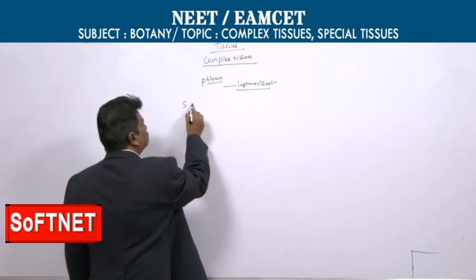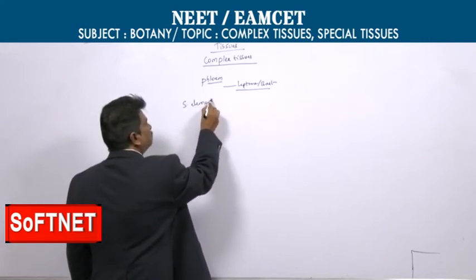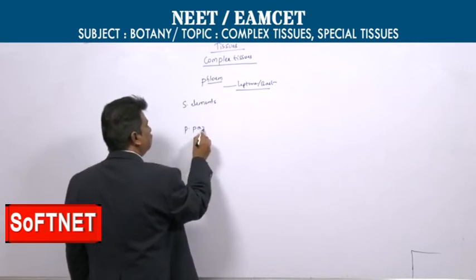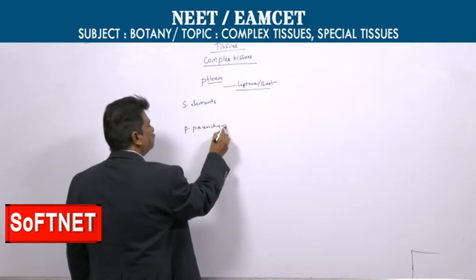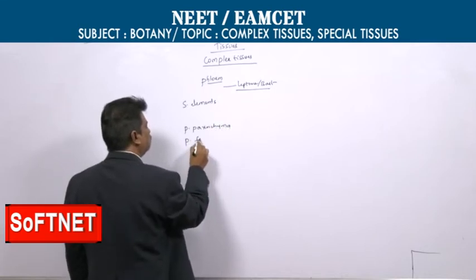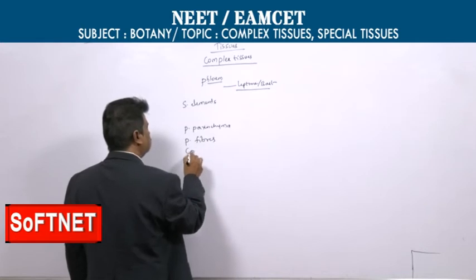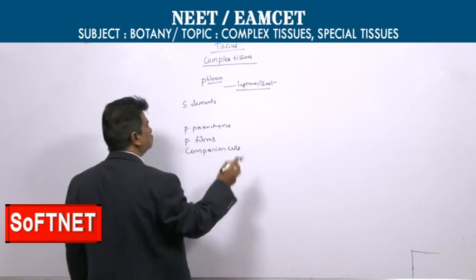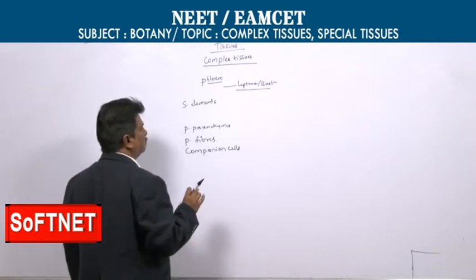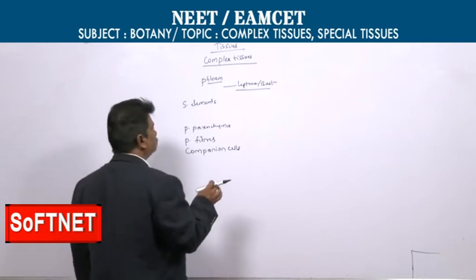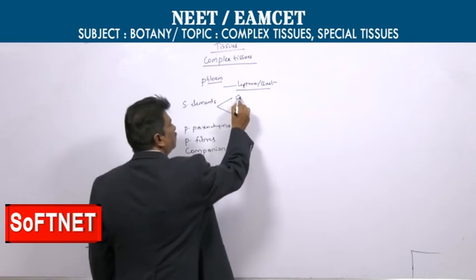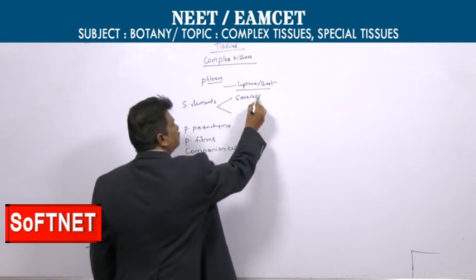Generally, phloem shows sieve elements, phloem parenchyma, phloem fibers, and companion cells. The conducting cells of phloem are called sieve elements. Sieve elements are of two types: sieve cells and sieve tubes.